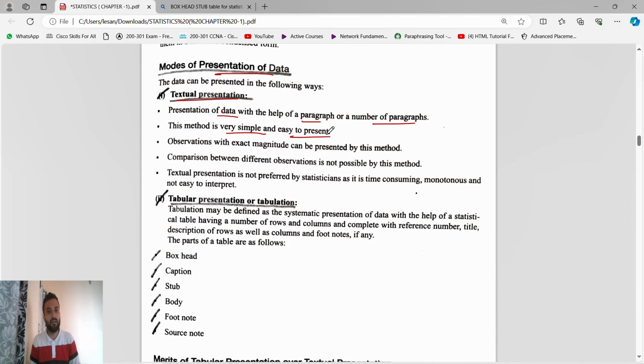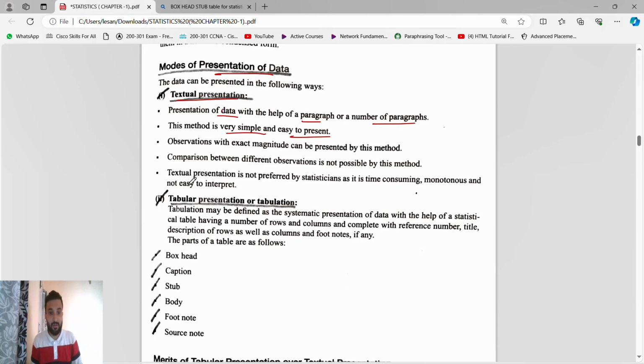Obviously, because we write in our own words, it is very easy to present. But for the person who wants to understand it, it is not easy. Suppose I give you the data in paragraph form, you will take a pen or highlighter, read all the paragraphs, and underline the important points. Again you have to read the whole passage and underline the important points. It's a waste of time.